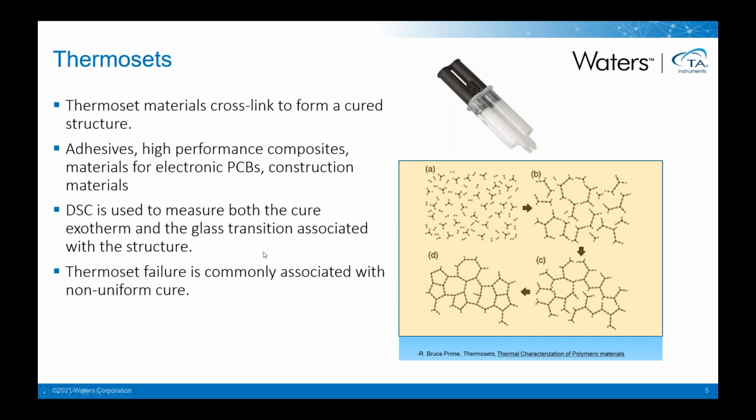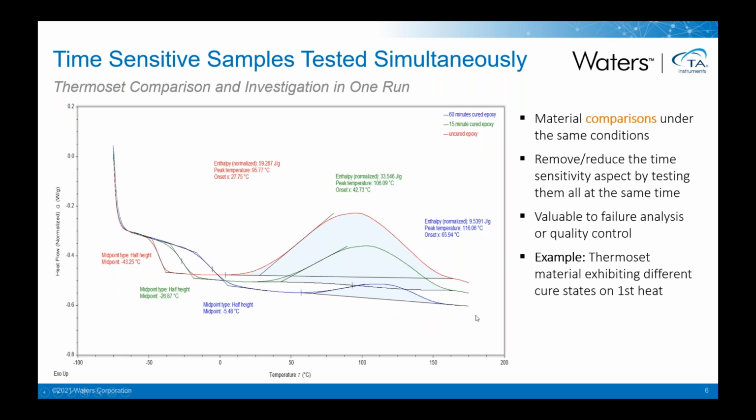And thermoset failure is commonly associated with a non-uniform cure. If for whatever reason our part A and part B don't get full mixing, or there are pockets of concentration of A and B, you might see a lack of chemical reaction. You might see a reduction in the exotherm, or a variation in the glass transition. But as we are commonly aware with epoxies, once you put part A and part B together, there's a very good chance that given enough time it's going to cure, whether it's a 1-minute epoxy or a 5-minute epoxy.